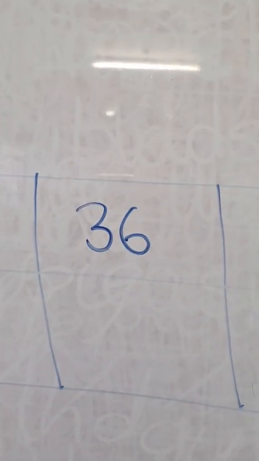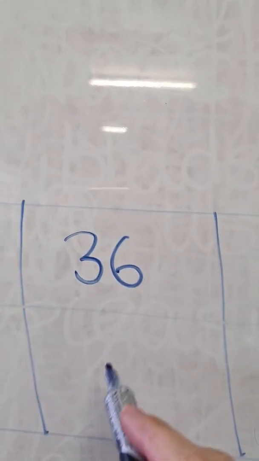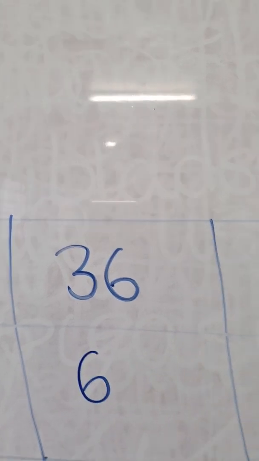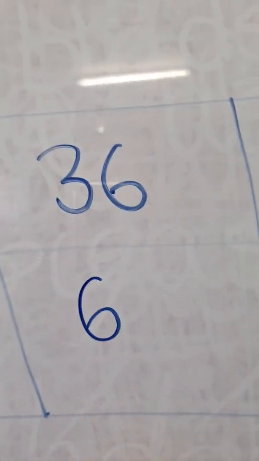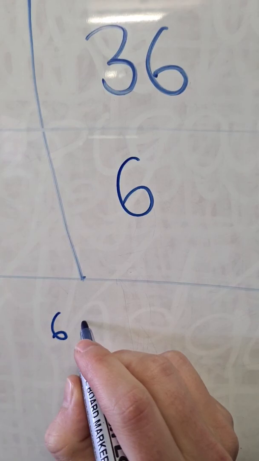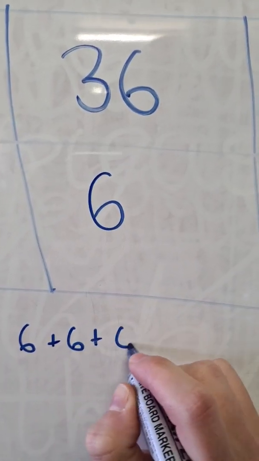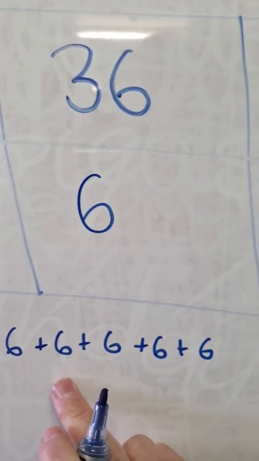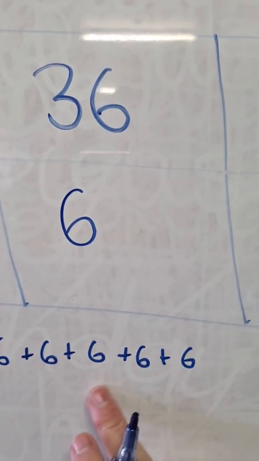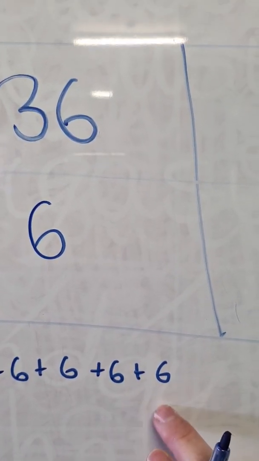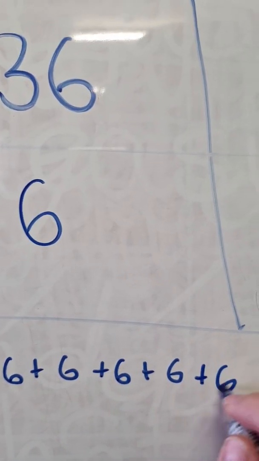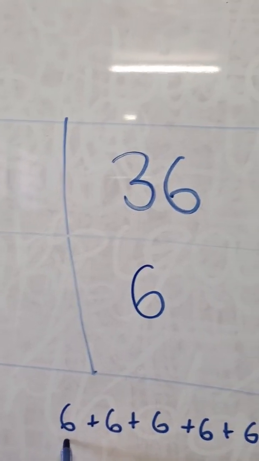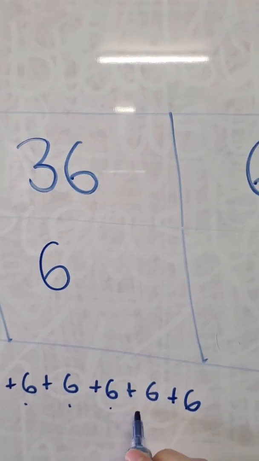When you know your times tables, you'll know that 6 times 6 is 36. If you want to work it out by saying 6 plus 6 plus 6 all the way until you get to 36, you go 6 plus 6 is 12, plus 6 is 18, plus 6 is 24, plus 6 is 30, plus 6 again is 36. Then you can see I've used 1, 2, 3, 4, 5, 6.